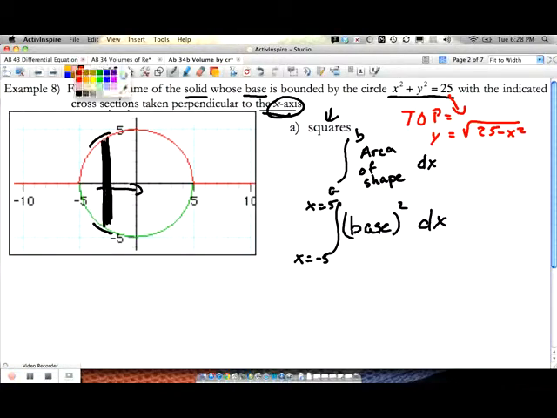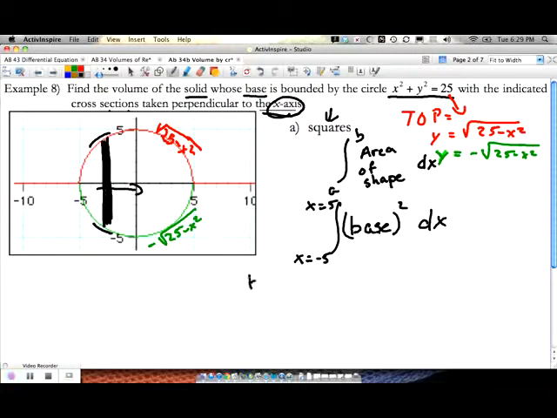The bottom, if we get a green color here, do something a little bit darker. y equals the negative square root 25 minus x squared. So here's negative square root 25 minus x squared, and on top was the other one, square root 25 minus x squared.